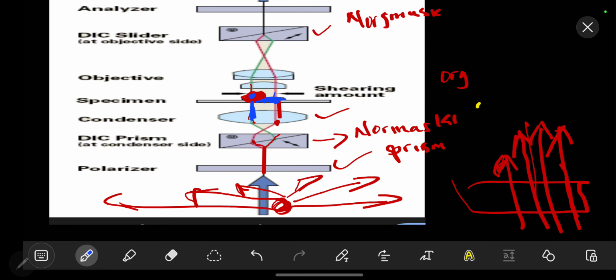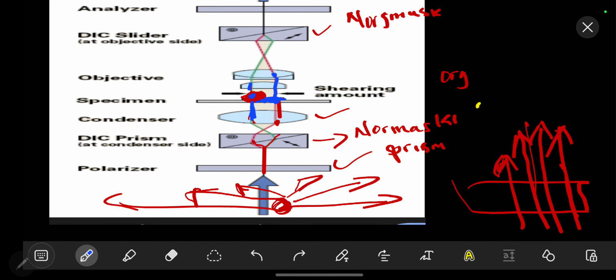At this point the light will be able to move faster as compared to here. So here light will move slower. Now when it goes to the objective lens, it gets focused to the second Nomarski prism. As you can see, there was the color green going like that, then the other light goes like that. It is focused into the second Nomarski prism.